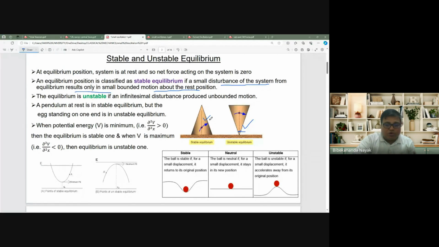Suppose a paperweight, when you slightly move it, executes a motion back and forth. Suppose you are putting an egg like this and slightly disturb it, then it will break down. Similar thing. For the unstable equilibrium, a slight disturbance produces unbounded motion.